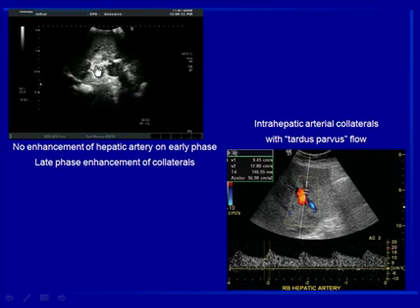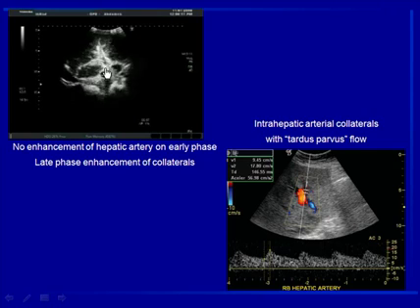This is the portal vein, and there is no flow in the arterial branch of the hepatic artery.